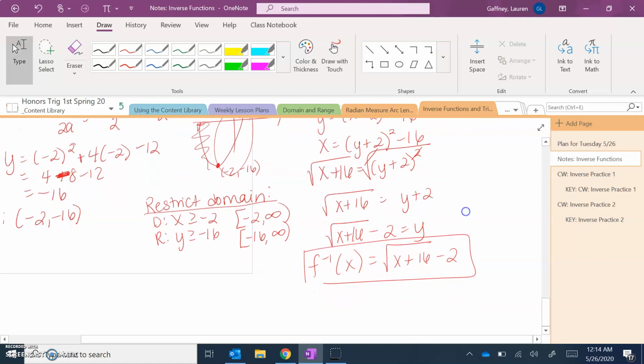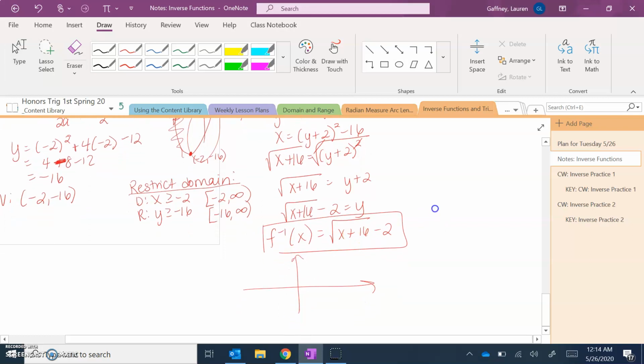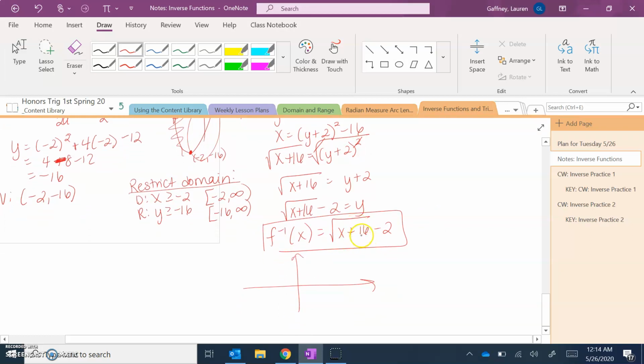Now, think about this. You have a quadratic. It makes sense that the opposite or the inverse of it would be a square root. And let's think about, rough sketch, what this would look like. Now, you're really digging deep here into your Algebra 2 stuff. This is your normal square root graph. And this would take not the vertex, but the key point there for the square root, and it would move it left 16 and down 2.